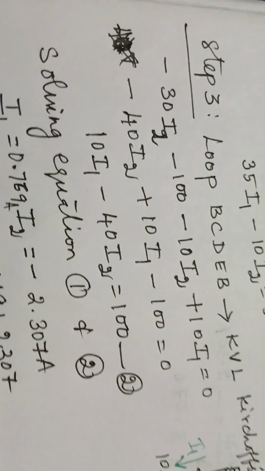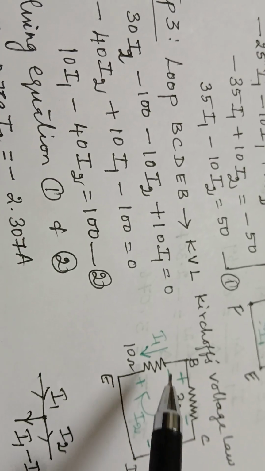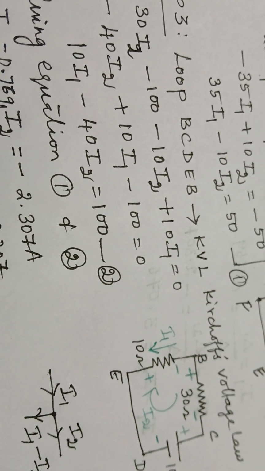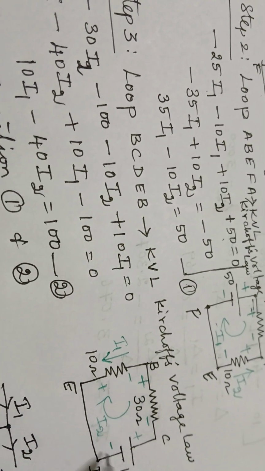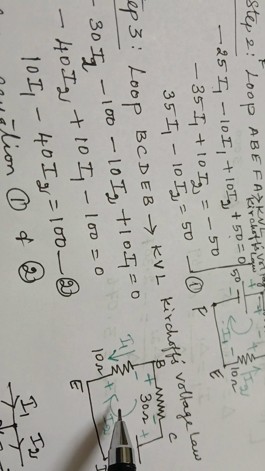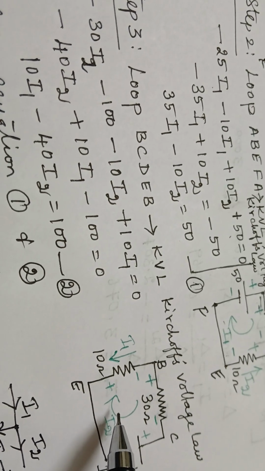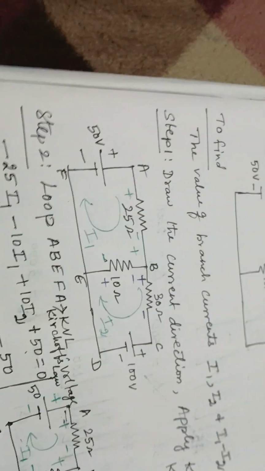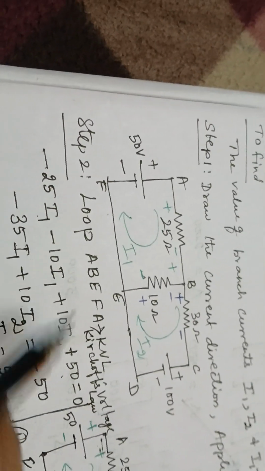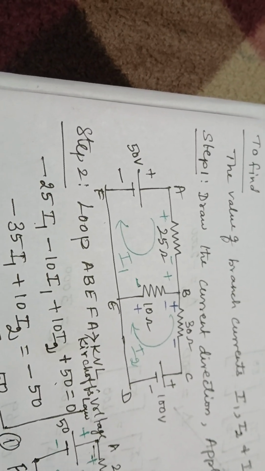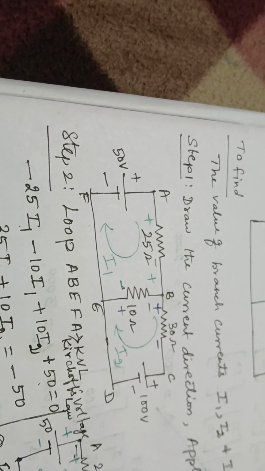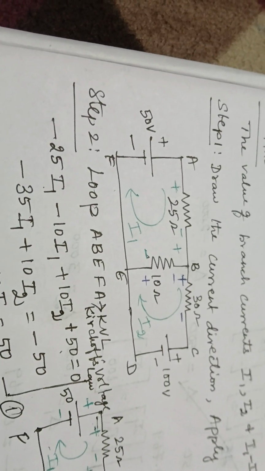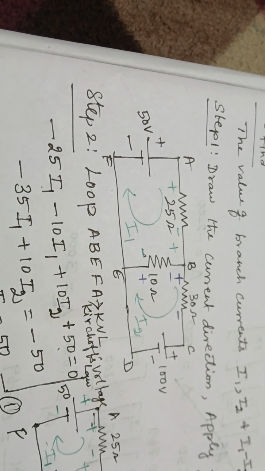Next, coming to the loop, step 3. We have taken the loop as B, C, D and E. This is the second loop we have taken, and named it I2. Another thing I forgot to tell: in the first loop only one current, I1, is there, but across the 10 ohm resistor we have two currents acting.